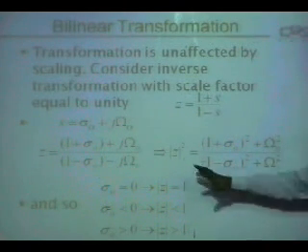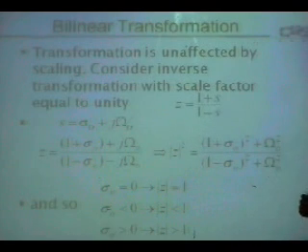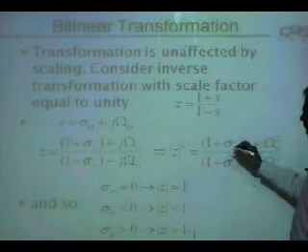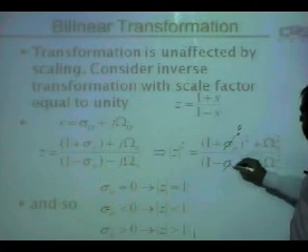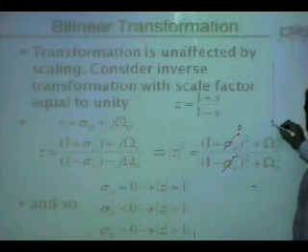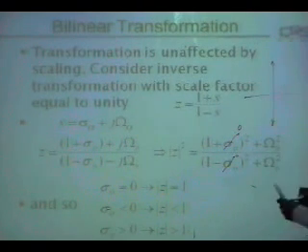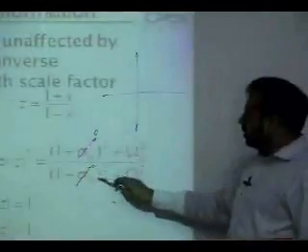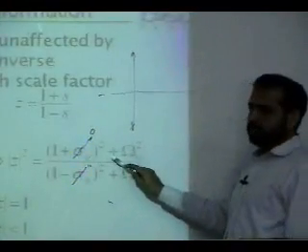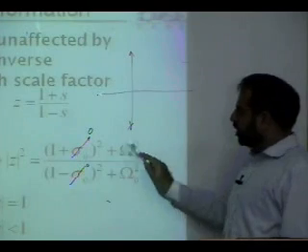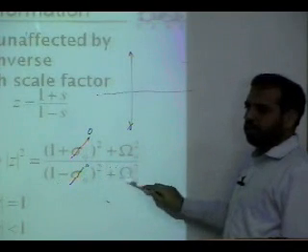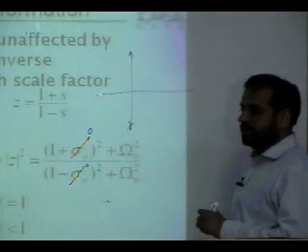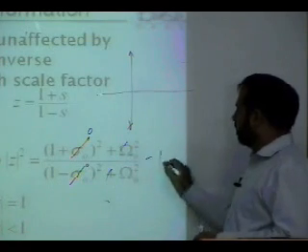Now there are several things which you can infer from this relationship. What if sigma naught is 0? Sigma naught is 0 means you are on the j omega axis. If sigma naught is 0, you are left with 1 plus omega naught square over 1 plus omega naught square. So what do you get? It cancels out, you get 1.